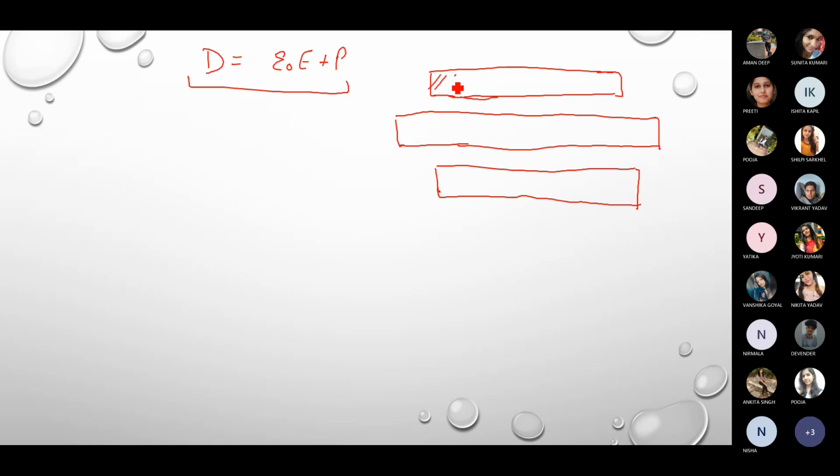Let's say this is the positive plate, where positive charge is there, and this is the negative plate of the capacitor. So as a result, there will be positive charge induced on the lower side, and there will be negative charge induced on the upper side. Okay, so what is D?